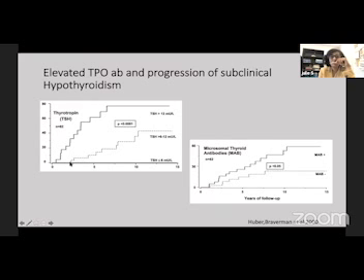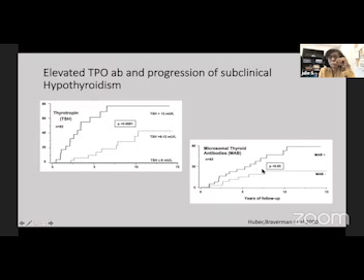And those with TSH levels higher than 6 up to 12, they do progress from subclinical to overt hypothyroidism. And the ones with higher TSH level, more than 12, they tend to progress much quicker to overt hypothyroidism.